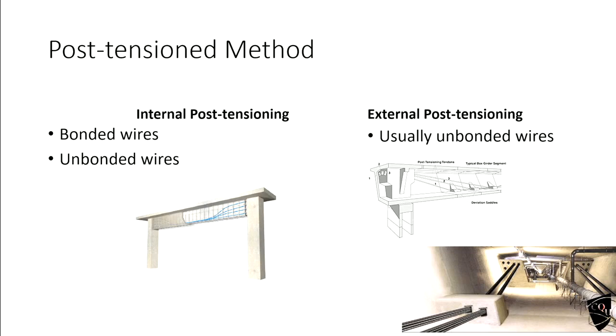Okay, so external post-tensioning was actually used in the early days as well, in the 1950s or earlier, but it lost its popularity because the steels are exposed to the environment. That means getting corrosion issues. When you have corrosion, that will reduce or lose its strength.